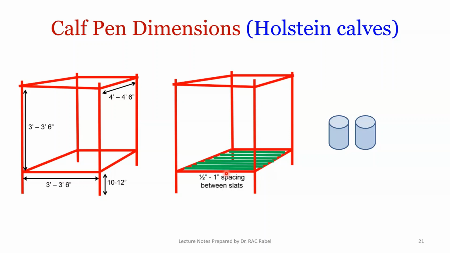Because if you use, let's say, 10-inch wide lally or planks, then the urine and feces will stay on top of it. It will not fall down right through the gaps. But if you use reaper, right, then it will fall through the slats, between the slats, onto the ground.